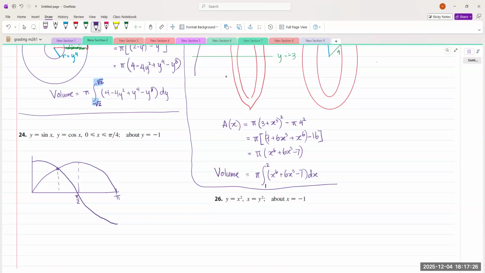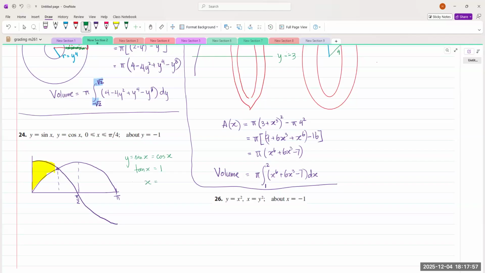Okay, and oh, hold on. Y equals sine x, y equals cosine x, from x equals 0 to x equals pi over 4. So it must be this one here. But let's confirm that they do intersect at pi over 4. Y equals sine x and y equals cosine x, so tangent x equals 1.